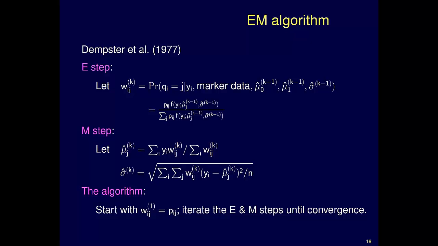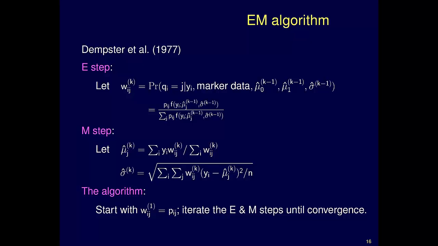The EM algorithm is an iterative method for finding the maximum likelihood estimates in this sort of model. And it has two parts, an E step and an M step.